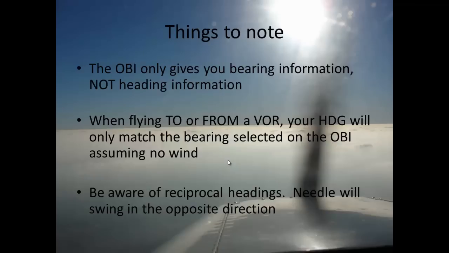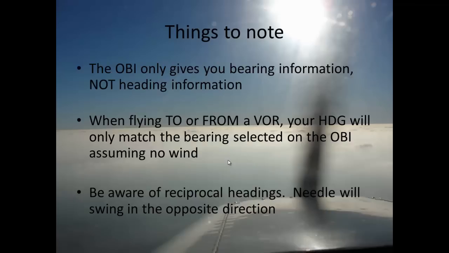However, the problem comes in if you're flying in unfamiliar territory with very few ground features, or if you're flying in poor visibility. If you start dialing in the wrong bearing information on the OBI, you'll find yourself in a lot of trouble. You'll know you're in trouble if you've got the reciprocal heading set, i.e. you're flying on the radial instead of the bearing, so you're flying in the wrong direction.